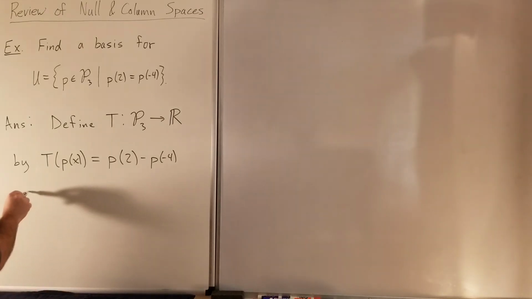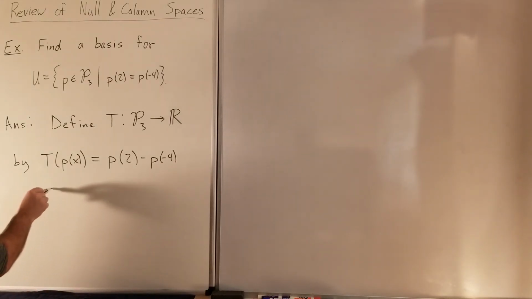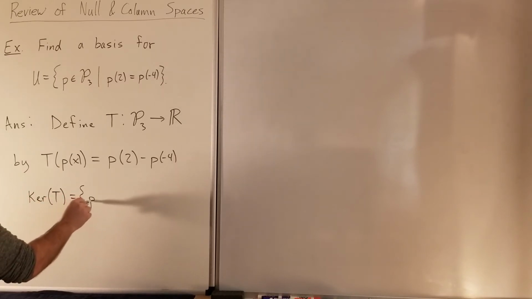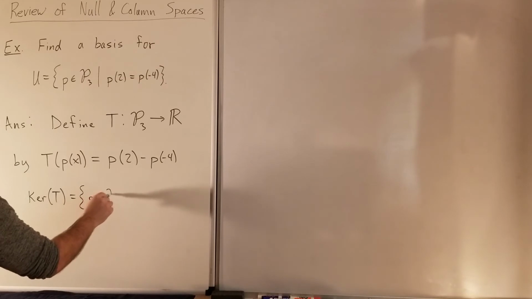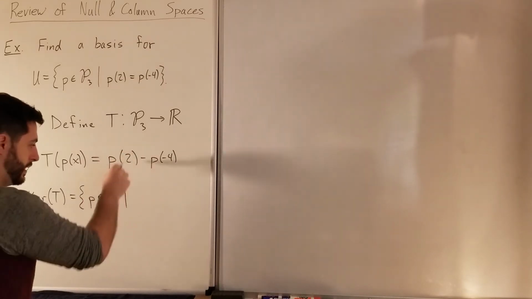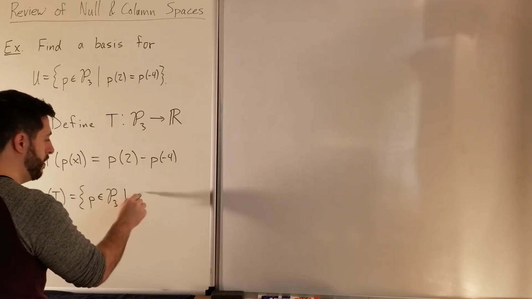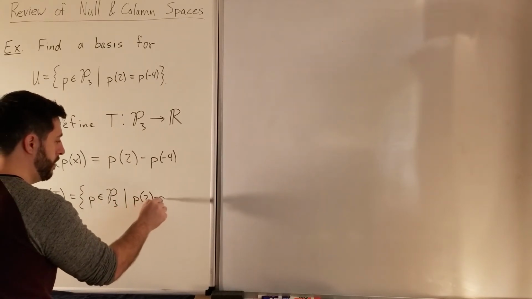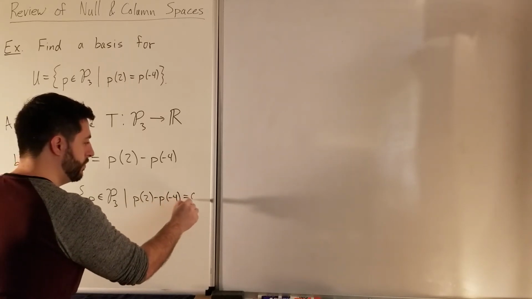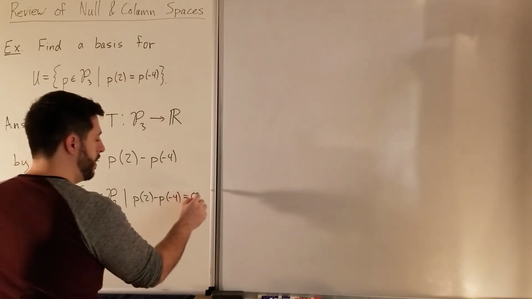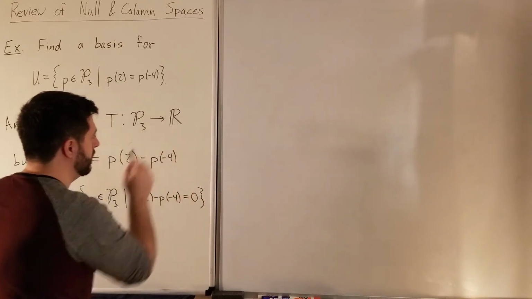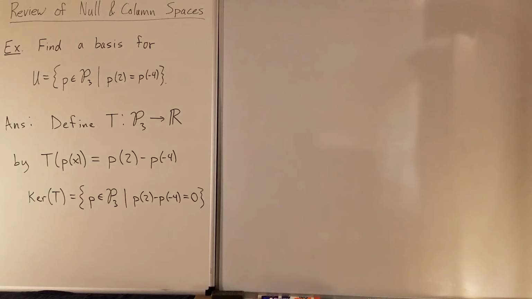So the kernel of T is the set of polynomials in P3 such that T of them, which is this, is equal to 0, or the 0 element of R, which I'm not going to write a vector symbol over because it is literally an element of R. Okay?